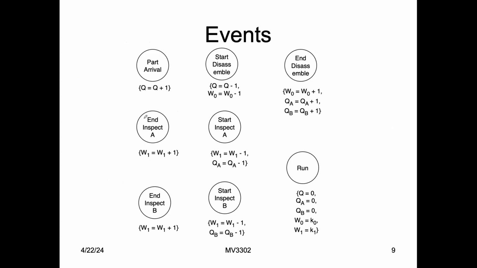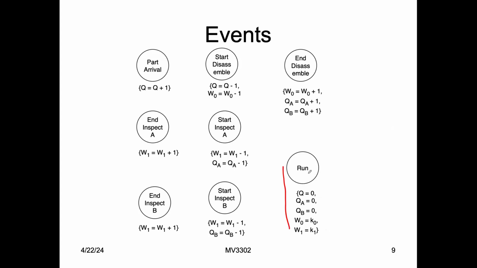So the usual way, or the approach that I espouse, is to start with the run event. In the run event, the state transition is just initializing all our state variables. So we're going to initialize our queues and initialize our available workers.